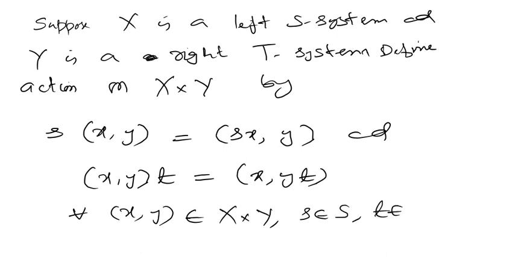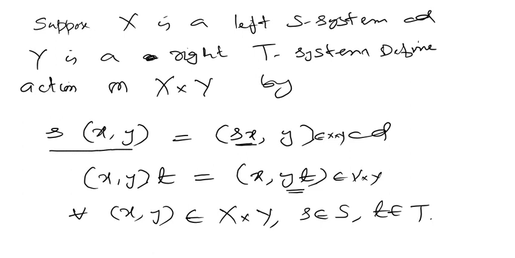And you can see this is well defined because our X is a left S system, so sx is well defined. sx is an element of X. And Y is a right T system, so that means yt belongs to Y. So this pair is in X cross Y, and this pair is also in X cross Y. Both are actions.